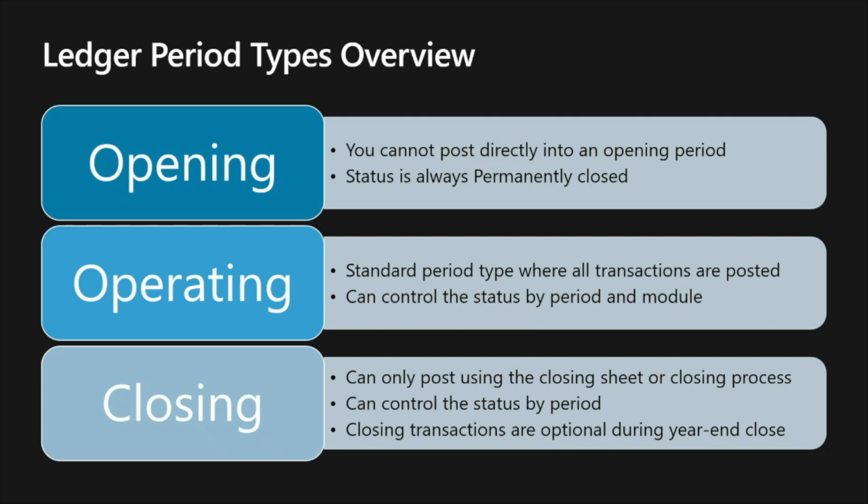However, this type of period is different from an operating period because you cannot post to the period directly from transactions like journals, orders, and so on. Instead, this period can only be posted to by using the closing sheet, which is a special type of journal entry used for year-end close, or by running the year-end close process.